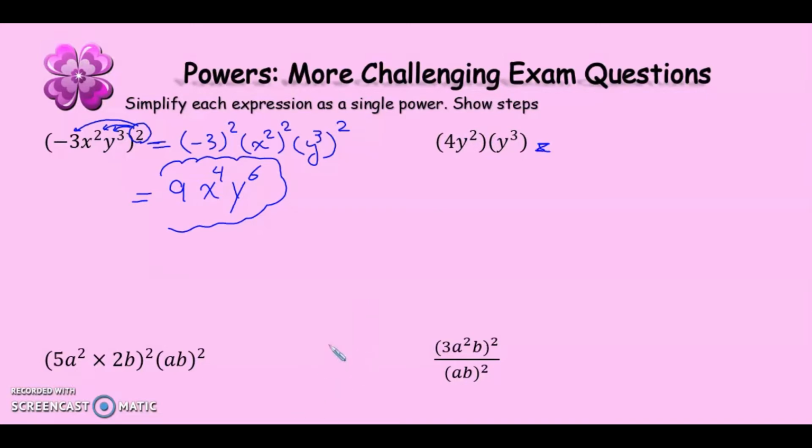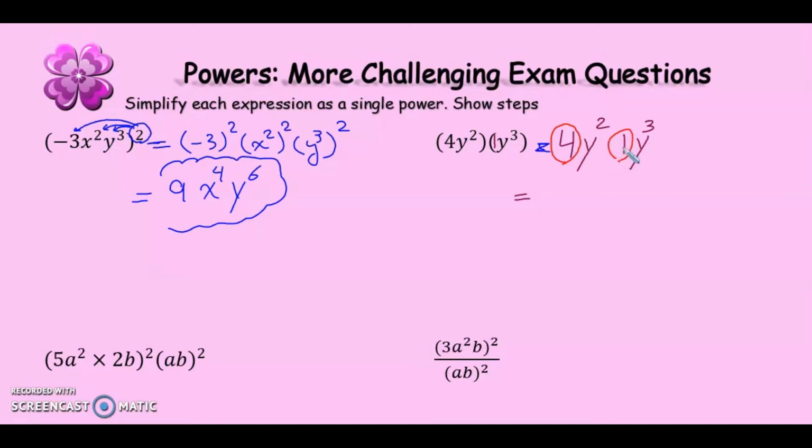Let's make it simple. Therefore, I can say I have 4y squared, and what's the coefficient here? The coefficient is 1, yes? Then after that I have 1y cubed. Okay, next step, you have 2 coefficients. One coefficient is 4, another coefficient is 1.